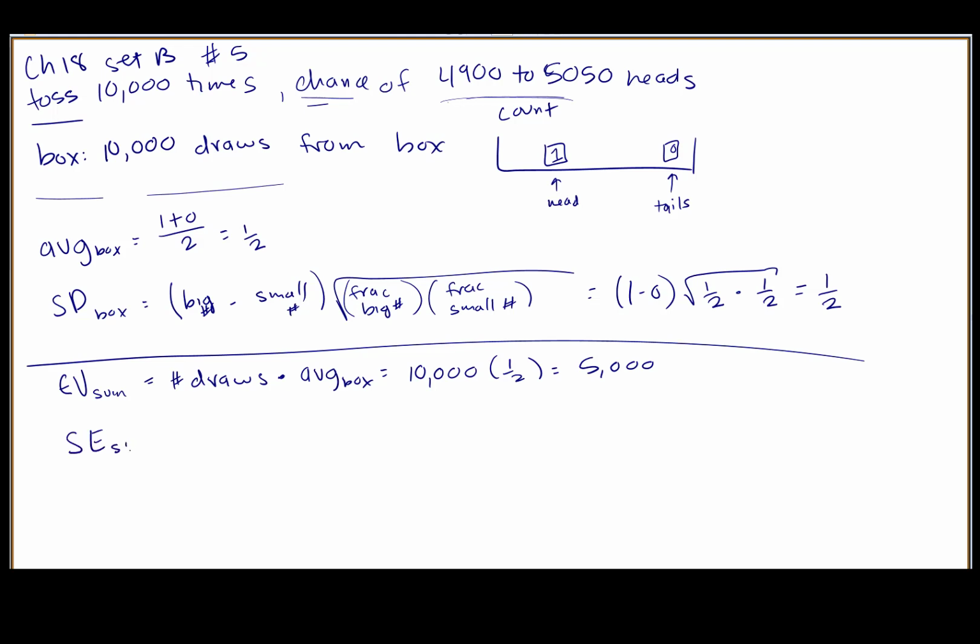The standard error of the sum will be the square root of the number of draws times the standard deviation of the box. So we'll do the square root of 10,000 times the standard deviation of the box, which is 1/2. Make sure only the 10,000 goes in the square root. The 1/2 is outside the square root.